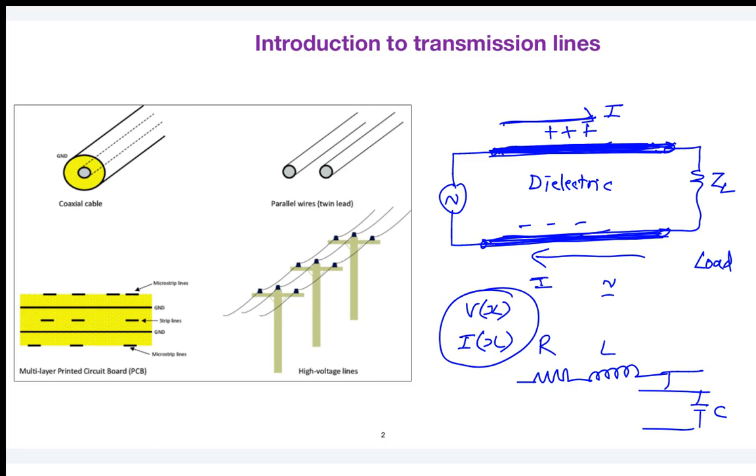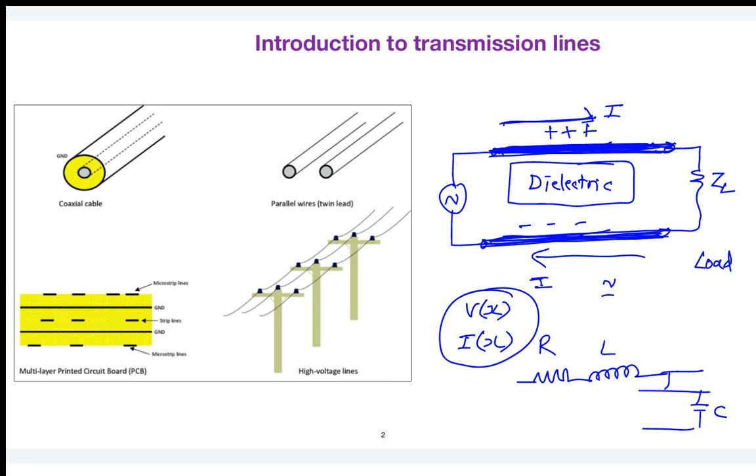And of course, for this dielectric material, if you are talking about an ideal dielectric medium, what is the resistance offered by the ideal dielectric? Can you answer? If I say ideal dielectric medium, what should be the resistance of that? The resistance should be infinite, correct?